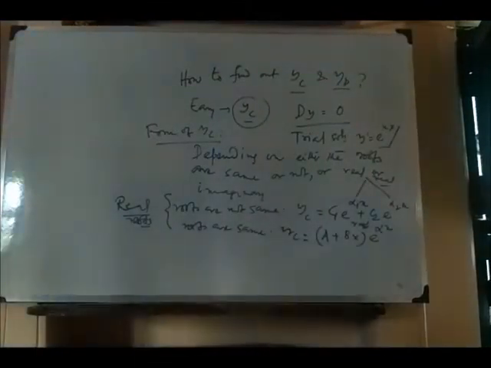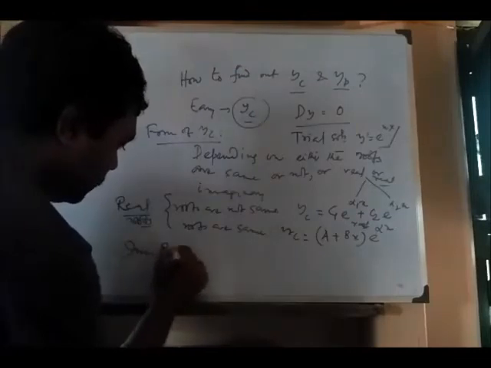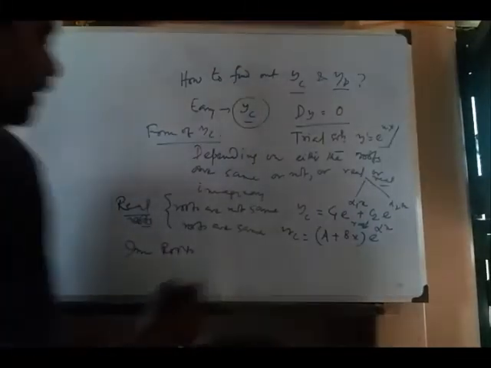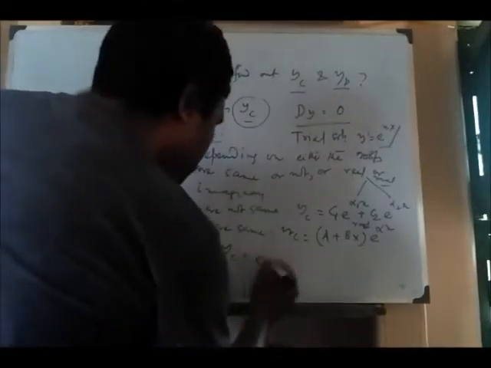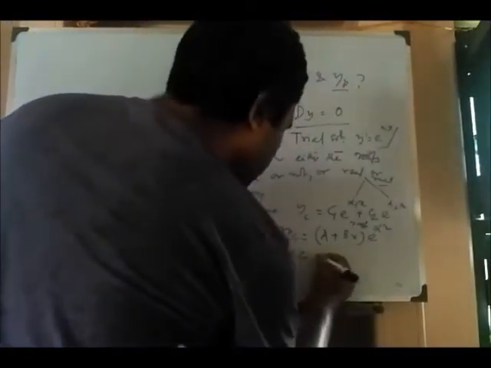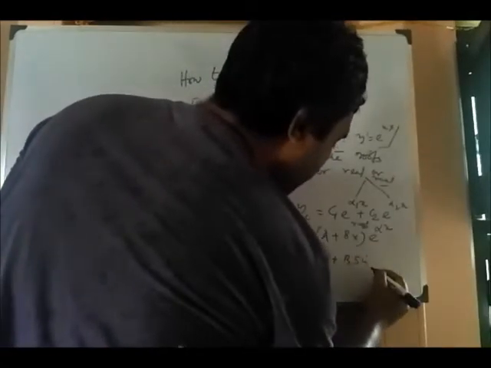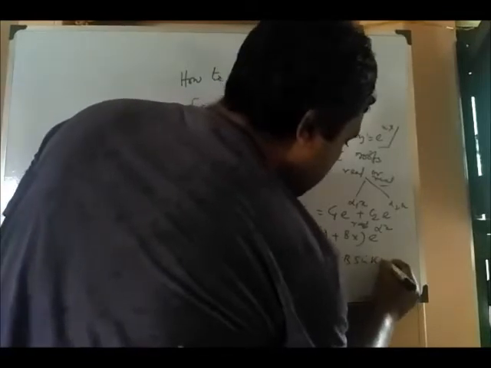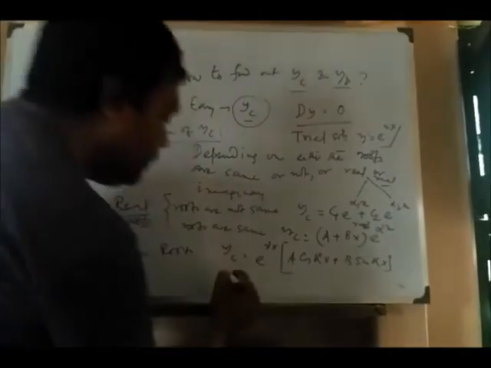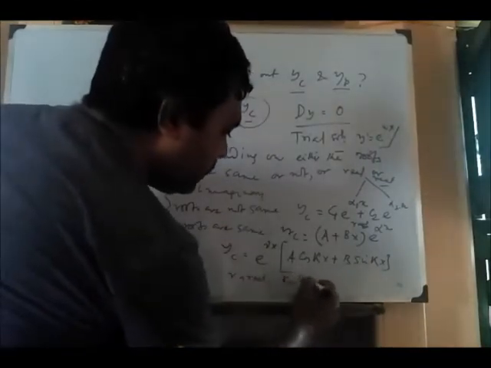Now if the roots are imaginary, in case of imaginary roots we can write yc as e to the power gamma x times (a cos kx plus b sin kx), where this gamma is real but k is imaginary.